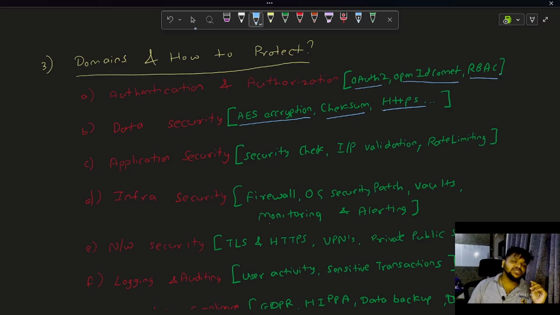Then at an infrastructure level, we need to have a firewall. It can be WAF firewalls that we are using. Then OS security patches. Most of the time I have seen that in financial tech companies, no matter whether you are deploying on a pod or on EC2, everyone requires an OS for it to run, right? Now that OS has vulnerabilities.